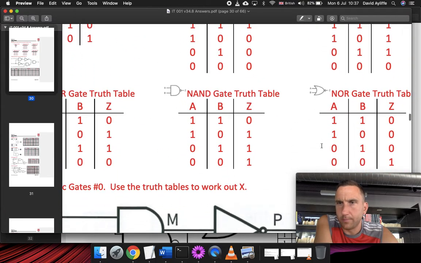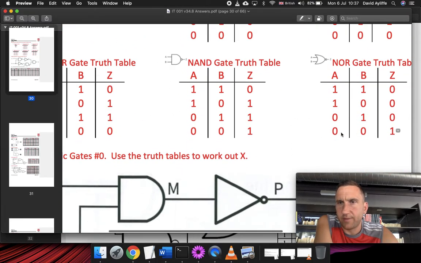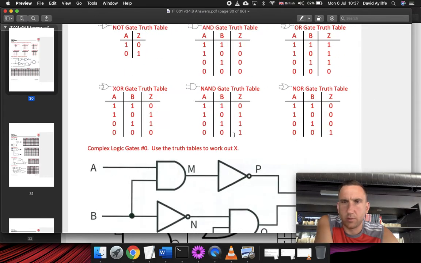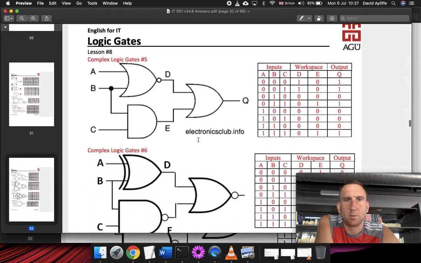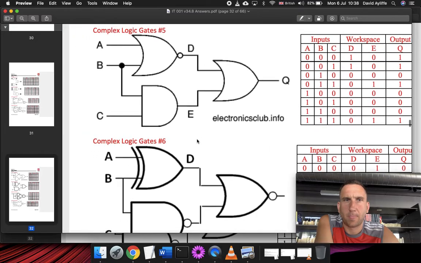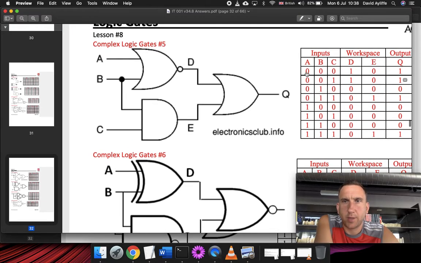Okay, so NOR. Only if both the inputs are negative do we get positive output. So A NOR B. They're both negative, so we get positive output here. Everything else is negative output.